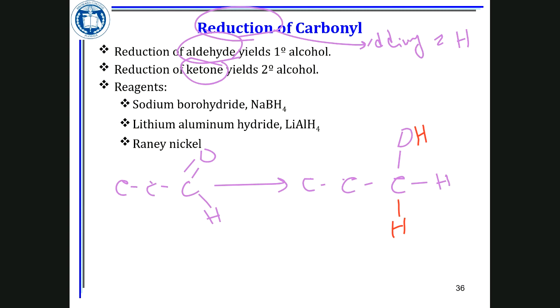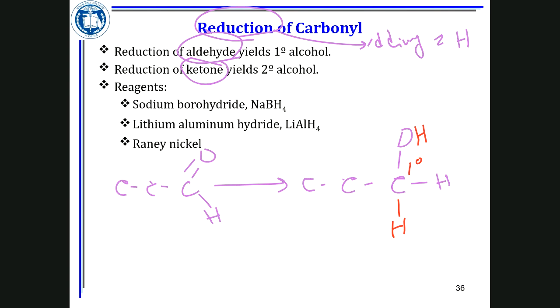But in this case, we already have the oxygen, the C=O double bond. We can add two hydrogens and reduce it. If we reduce aldehyde, we end up with primary alcohol. What is a reducing agent? A reducing agent is something that can attack the carbonyl group, and it contains hydrogen.